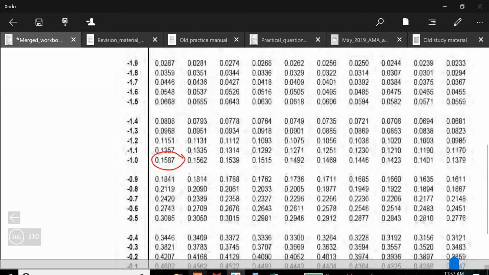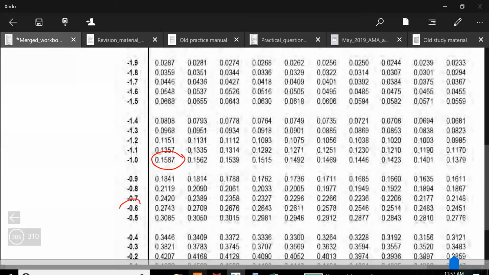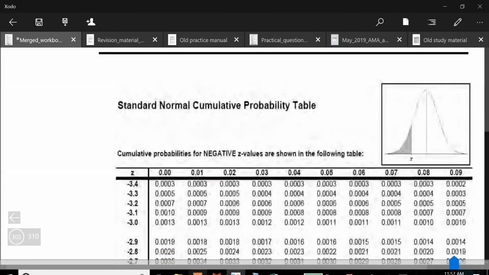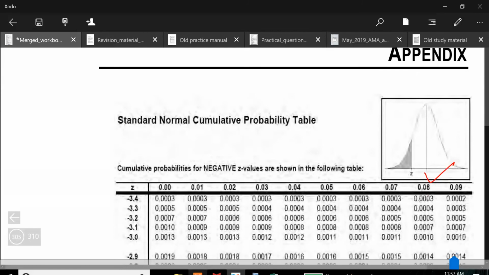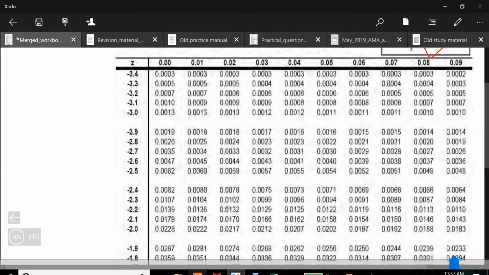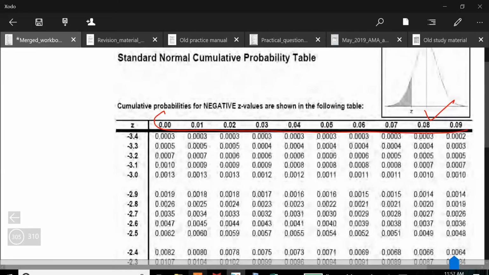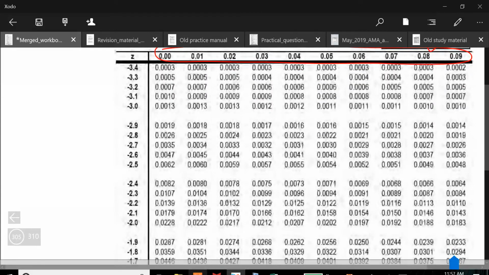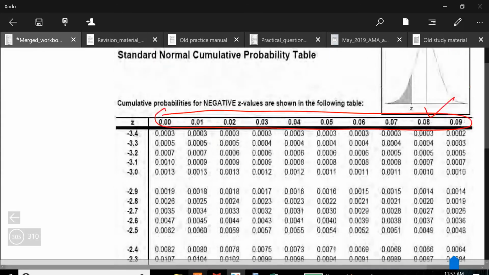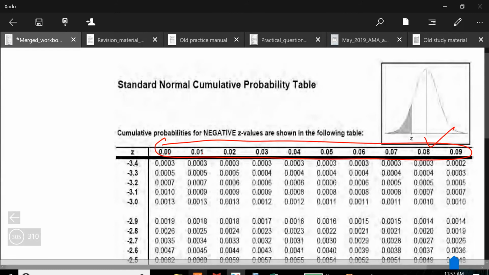Minus 0.68 is 0.68; you will see 8 at the top. This is the second decimal and this is the first decimal. The first decimal comes here, so it goes like 0.340, 341, 342, 343, 344, 345, 346.